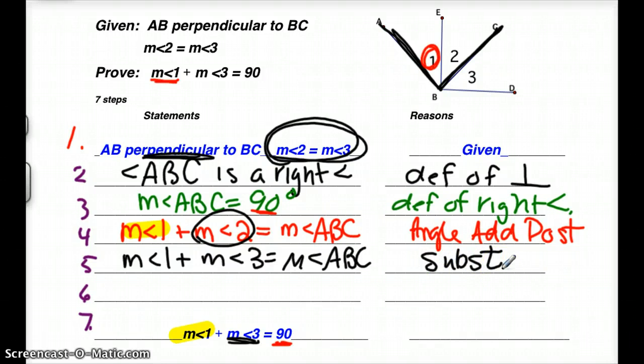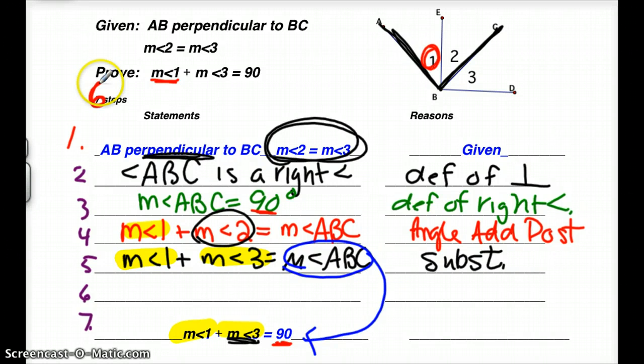All right, now I'm looking. I've got 1 and 1, 3 and 3. ABC here needs to be a 90. Can I change ABC to a 90? Okay, yes I can. And did I tell you at the beginning that this was going to be 6 steps?